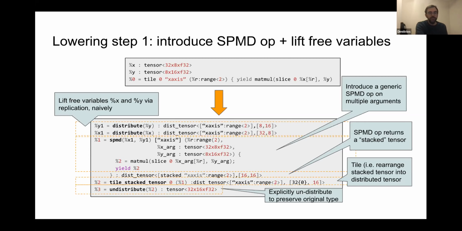You would want this to be distributed on slices of X, really. So what are we going to do here? The very first thing we're going to do is lower this very naively.